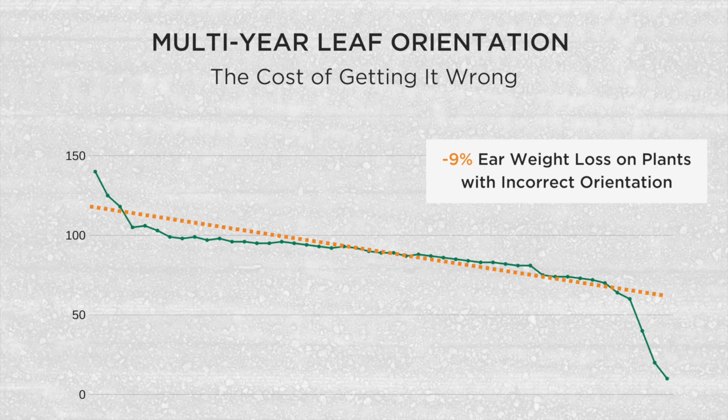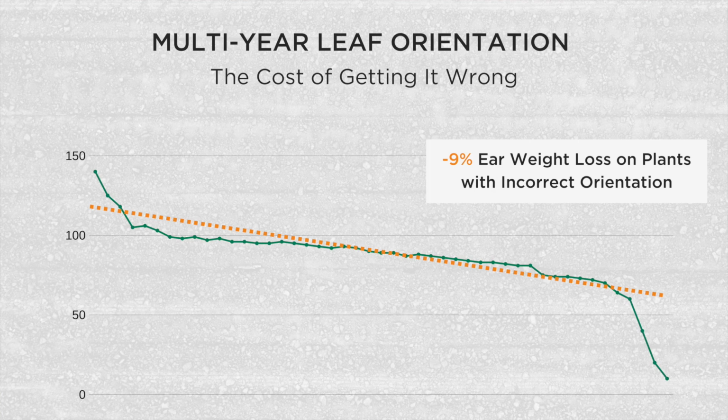So this is 2-year data, 2018 and 2019 data from the PTI farm. And what we found is we've gone into all of our plots at the farm, different hybrids, different row width, and what we found is on average, when those corn plants get the wrong leaf orientation, they get turned the wrong way, we're losing 9% of ear weight loss.